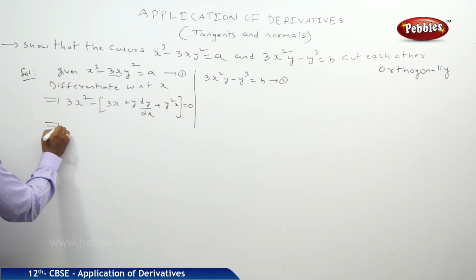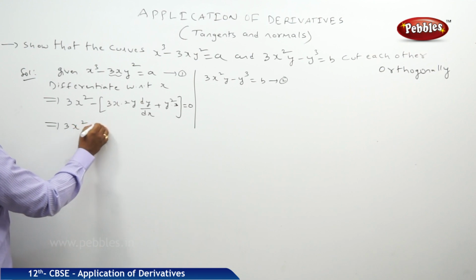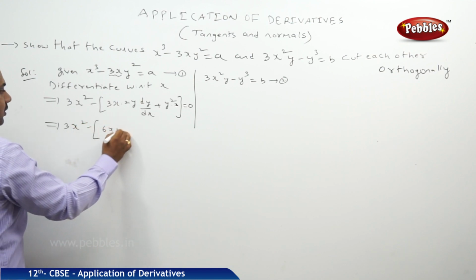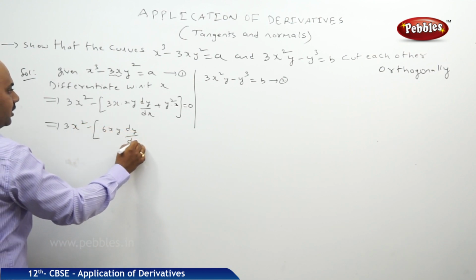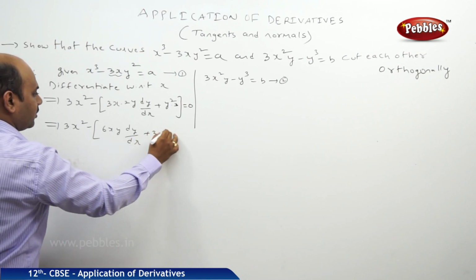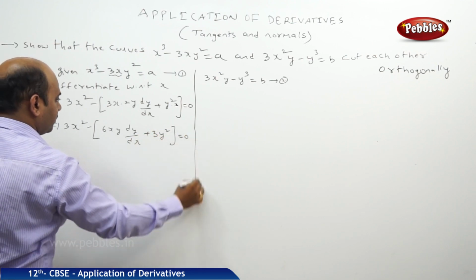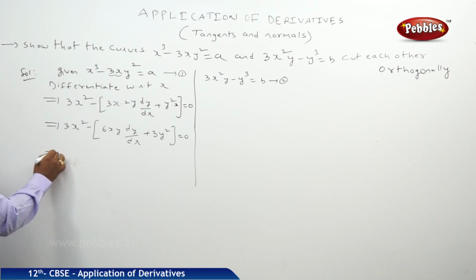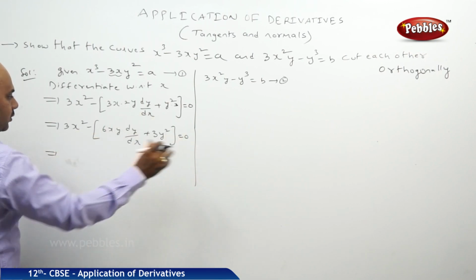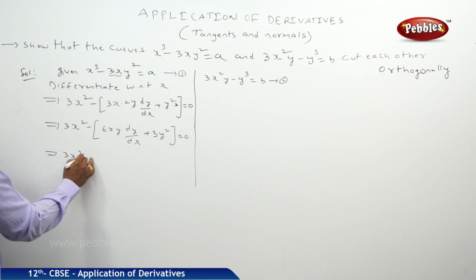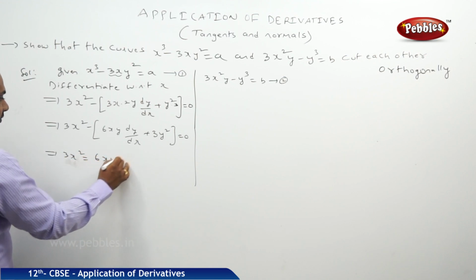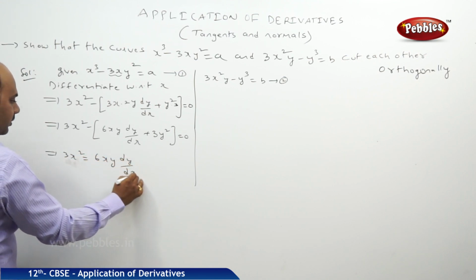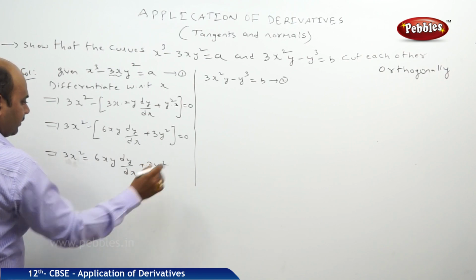So what happens? 3x square minus 6xy dy by dx plus 3y square equal to 0. This whole thing I will throw to that side. So 3x square is equal to 6xy dy by dx plus 3y square.